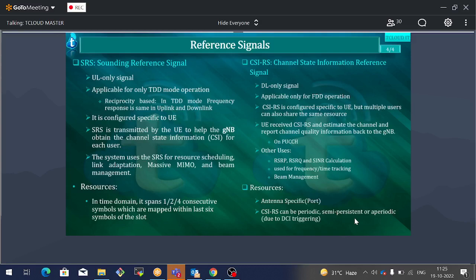They wanted to place the CSI-RS signals from different cells in different places. So the mobile can estimate whether it is perfectly in frequency sync or time sync, and whether the subcarriers you are thinking of are the same subcarriers or different. If you estimated your subcarriers wrongly, you won't be able to receive CSI-RS, because wherever you are expecting CSI-RS, there won't be any CSI-RS symbols if your frequency synchronization or time synchronization has gone wrong.